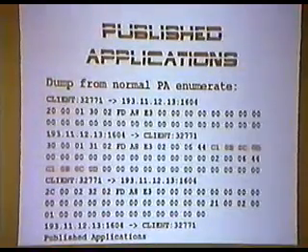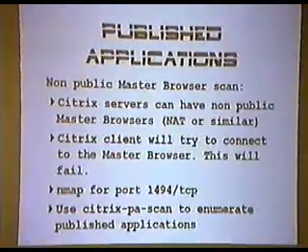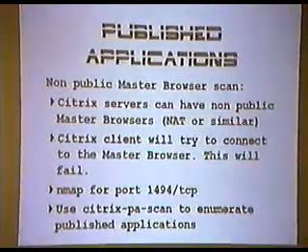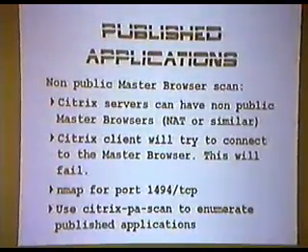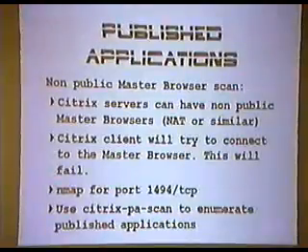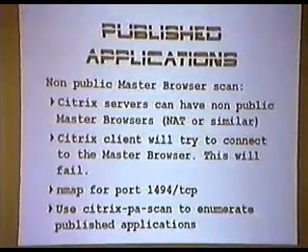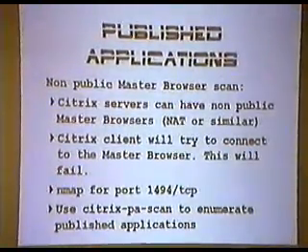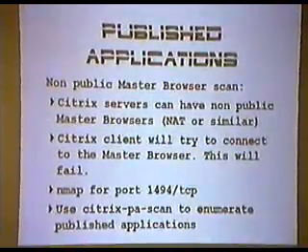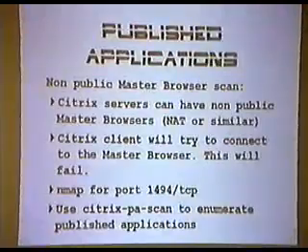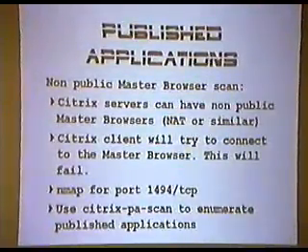But there are some problems. What happens if the master browser is not public? The client asks first, where is the master browser? And it says it's on the 10 network, like our internal network, it's firewalled and everything. And the Citrix client will try to connect to this 10 address, this private address, but will fail.